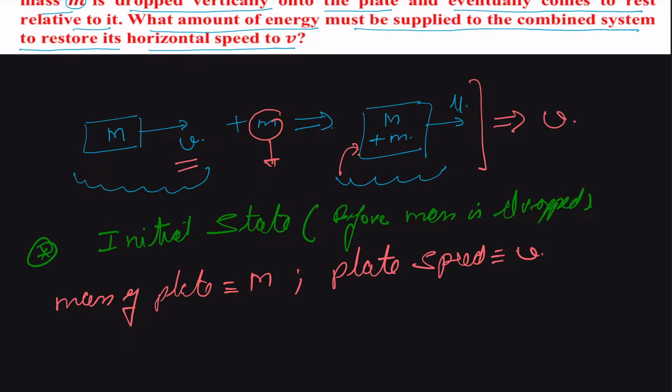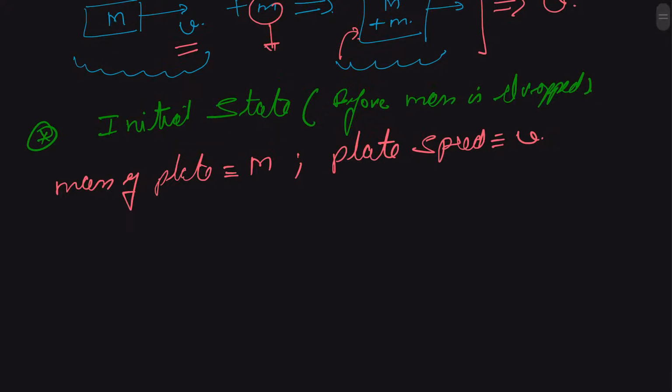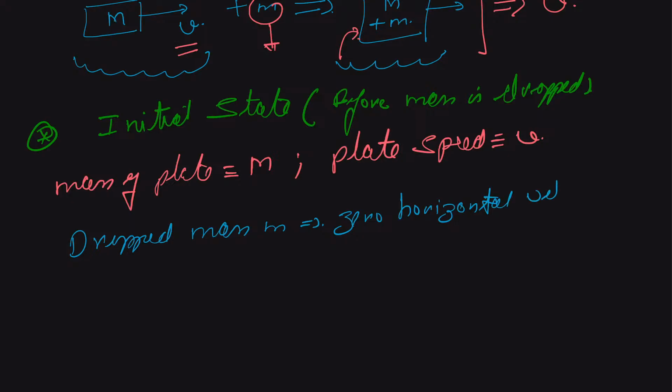Okay, so which basically means that this is having zero horizontal speed. So we have to keep this in mind, and for that we can say that our dropped mass m is having zero horizontal velocity.